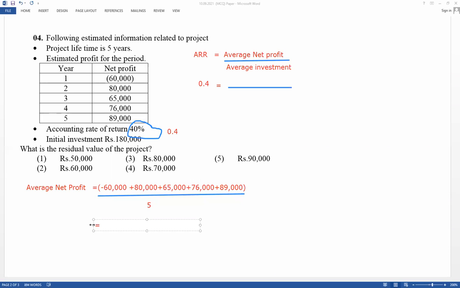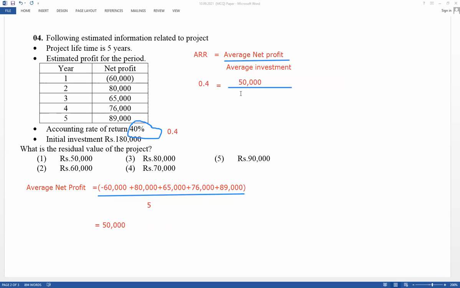Take the answers. Therefore, here average net profit equals 50,000. Therefore, we know the average net profit also. Average net profit equals 50,000.